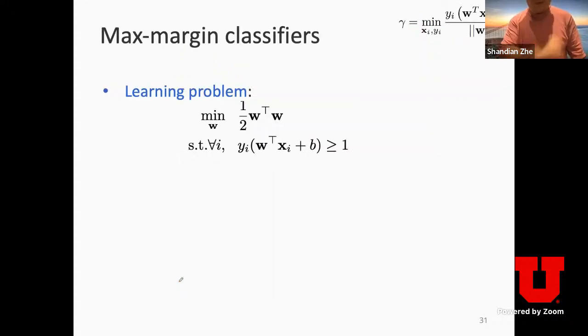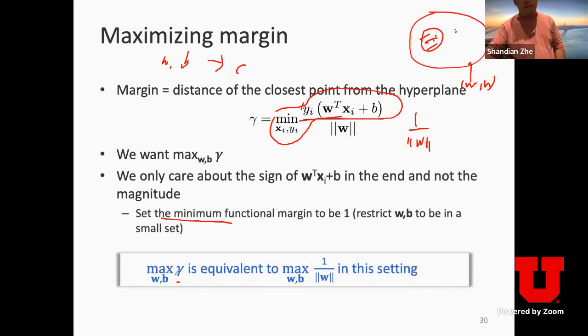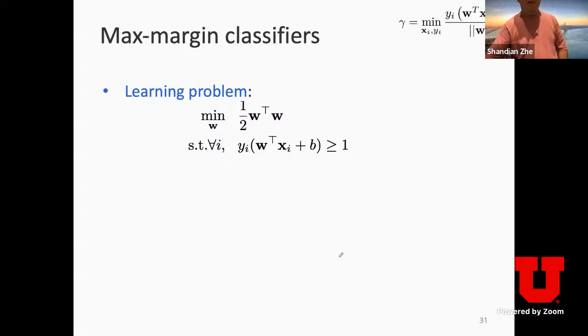Okay, now based on this idea, let us formulate it as an optimization problem. In our simplified formulation, the margin now becomes 1 over the norm of W. Maximizing 1 over the norm of W is equivalent to minimizing the square of the norm.